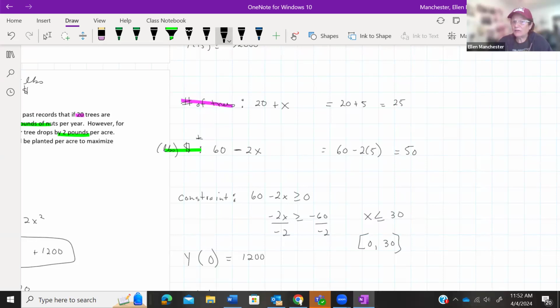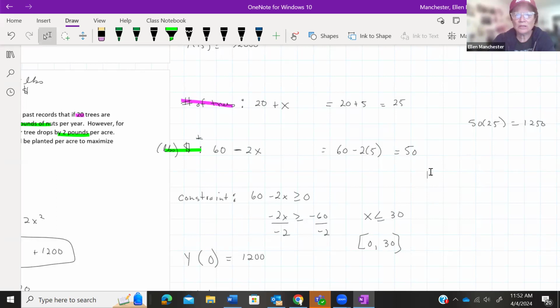All right, so because it's yield, if I do 50 times 25, I am going to get that 1,250. So when it's revenue or yield, then you can double check to make sure that your answers make sense. Okay, so if it's 25 trees and each tree produces 50 pounds, I'm going to get a total of 1,250 pounds. So the interpretation, and again, this is how you guys are going to earn credit.